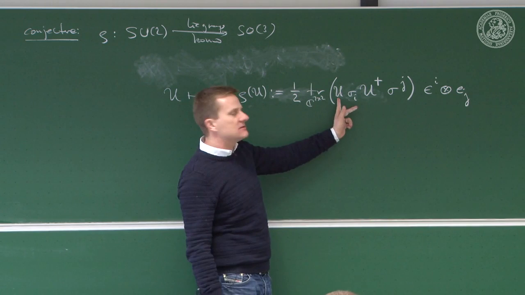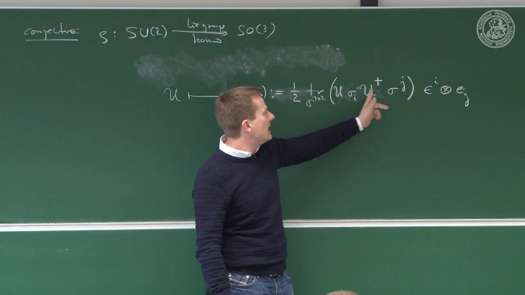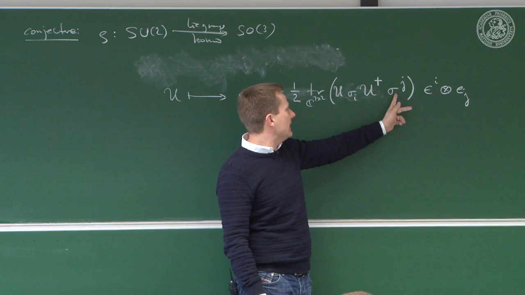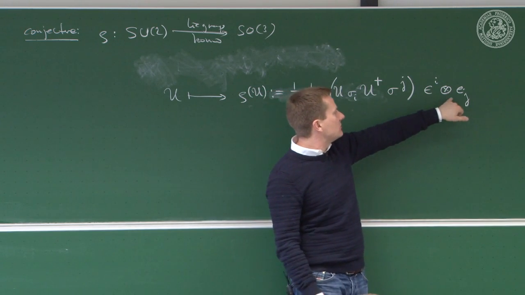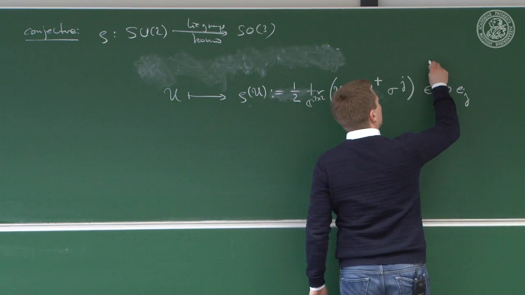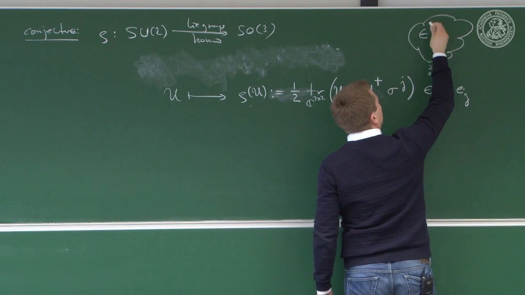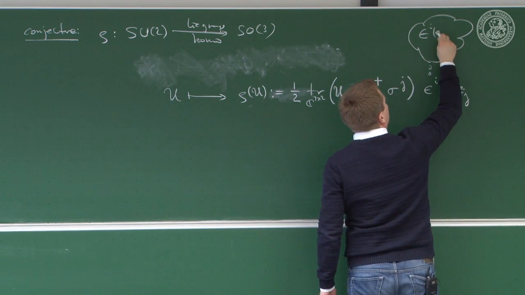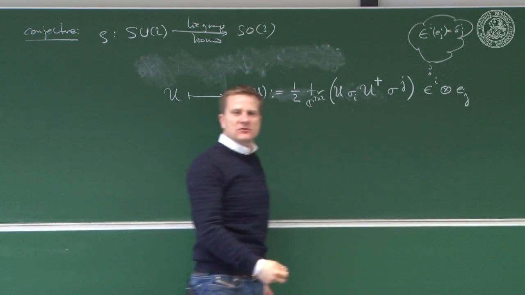I employ this U matrix, then I take the sigma I, the U dagger, the sigma up J, with I, J running from 1 to 3. And I use here epsilon I, the dual basis to the E I that I defined. So epsilon I acting on EJ is delta IJ. It's the dual basis of the dual space.